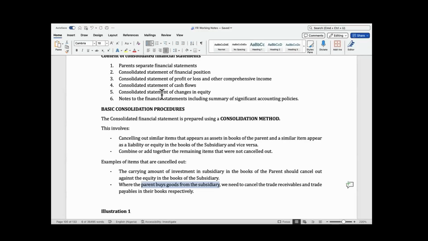So let's then continue with our class. So far, we have been discussing group accounts, and I started with intercorporate investments.